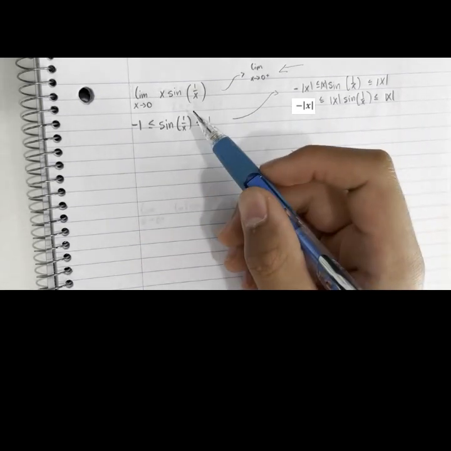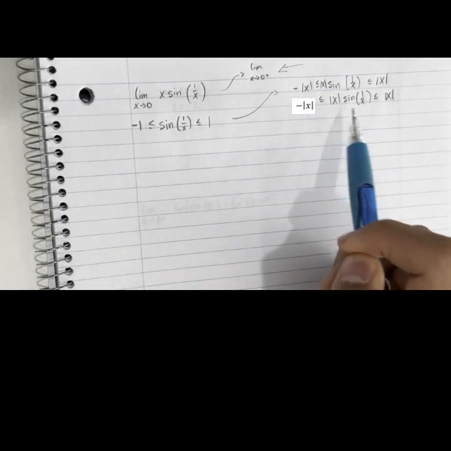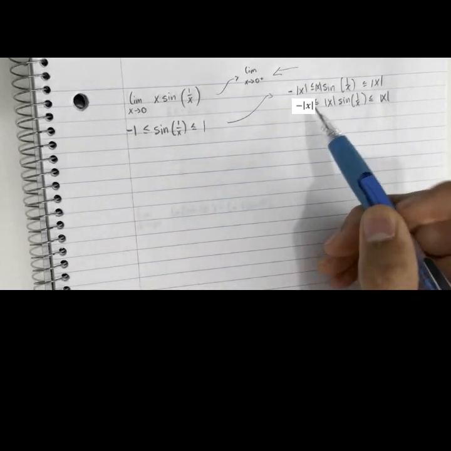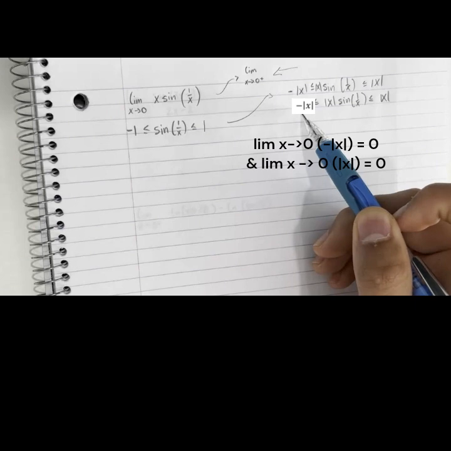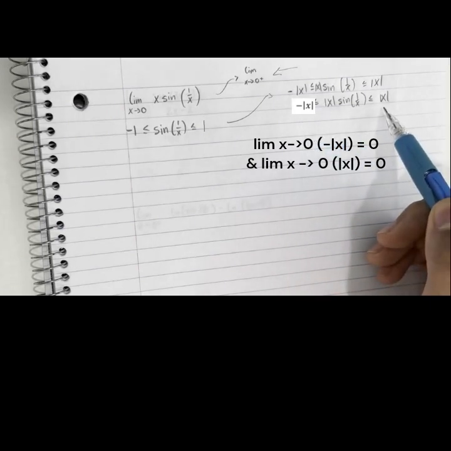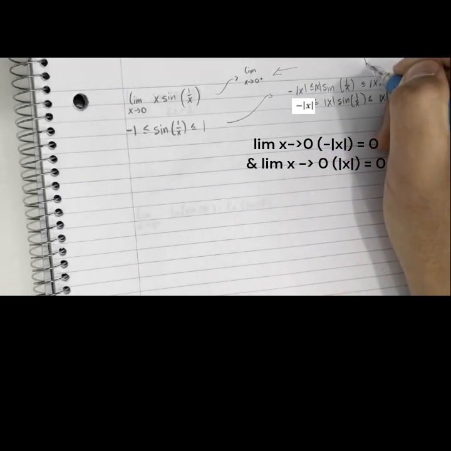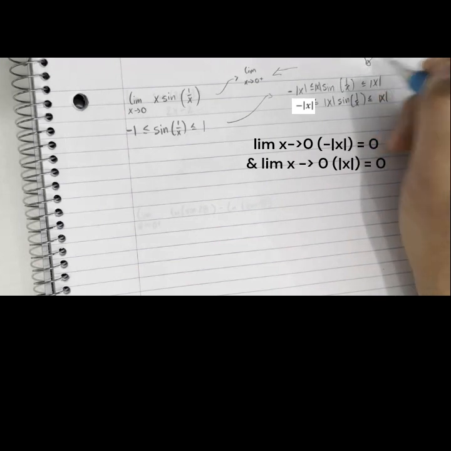Now, let's take the limits. You might be wondering why I'm taking the limits a little early, even though this expression doesn't look like this one. Well, I can say with confidence that the limit as x approaches 0 of absolute value of x is 0.